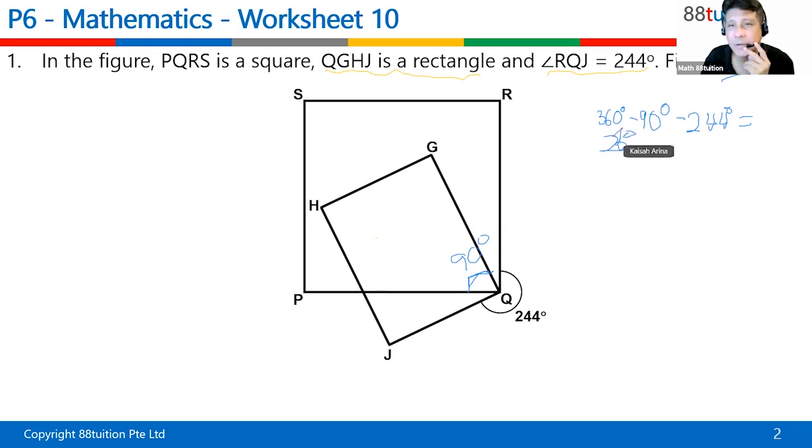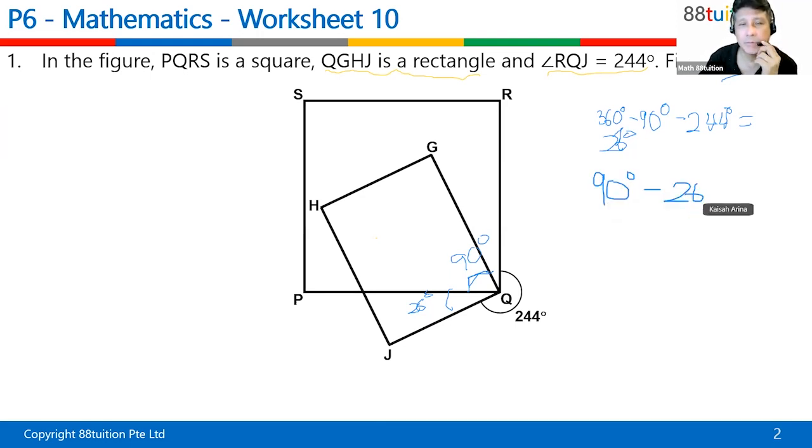Yes, 26 is correct, Kaiser. But we need you to write the 26 in. Okay, so Kaiser has actually identified that angle as 26. Okay, and since the rectangle, the corner is 90 degrees, you take 90 minus 26, you will get the angle we are solving for, BQG.